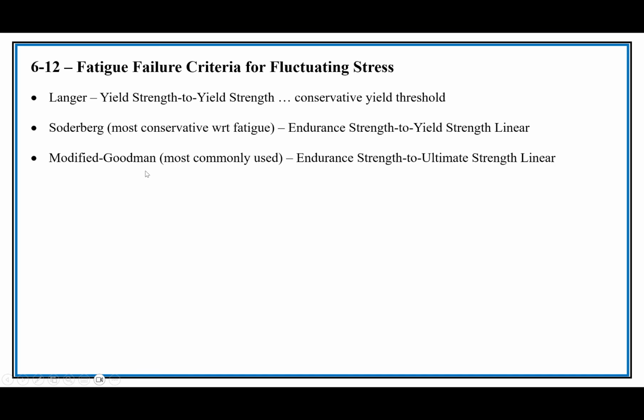The modified Goodman is the most used one we'll have, and that takes the endurance strength and goes to the ultimate strength. So you can make a comparison to Soderberg, which goes to yield strength. Goodman uses ultimate strength, and I would maintain that this one makes a little bit more sense than the Soderberg. Gerber does sort of the same thing as the Goodman, except it uses more of a parabolic curve.